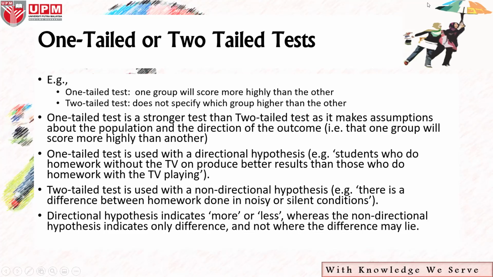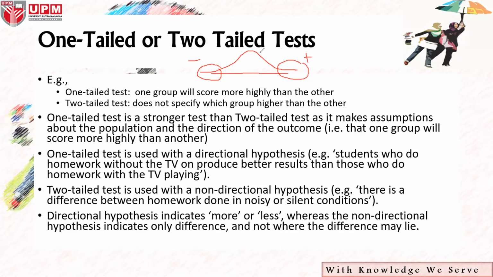Okay. Now we learn about whether it is one tail or two tail. One tail or two tail refers to the distribution of your data. If you recall the bell shape that I showed just now, it has two directions, either to the negative side or positive side. Negative or positive, left side or right side.